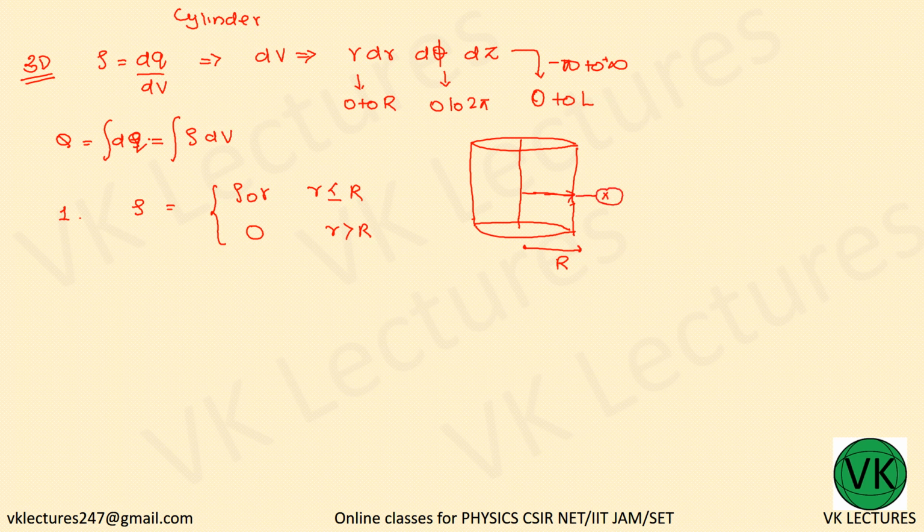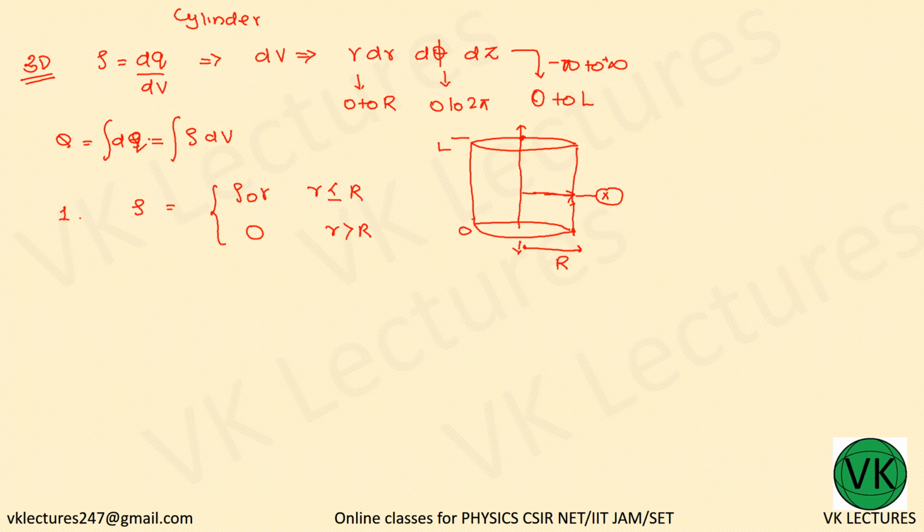So rho exists only up to capital R, and along the length too, let us say this is 0 and this is L, beyond this length there is no charge.